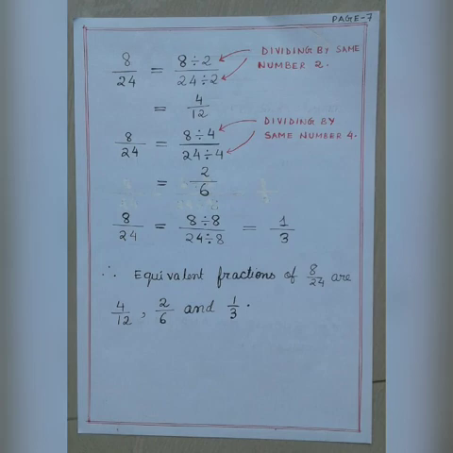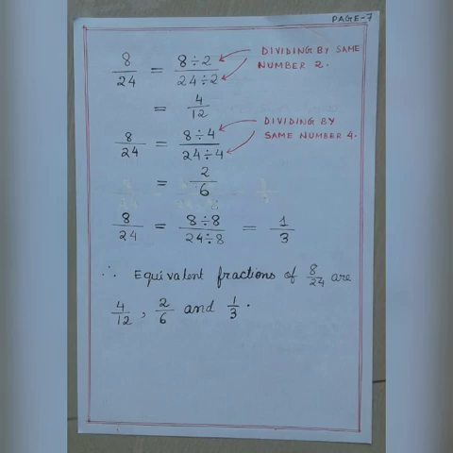So 8 by 24, if I divide both numerator and denominator by 2, 8 is divisible by 2, 24 is also divisible by 2, dividing by the same number 2. So I get 4 by 12. So 4 by 12 is equivalent fraction of 8 by 24.